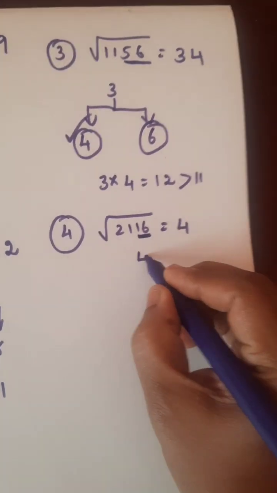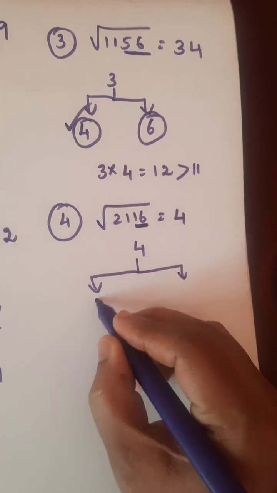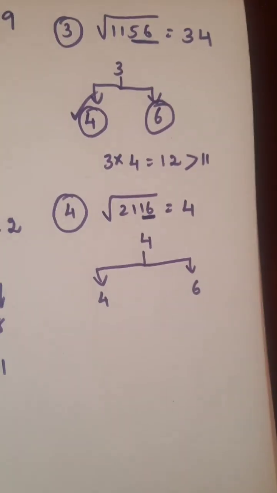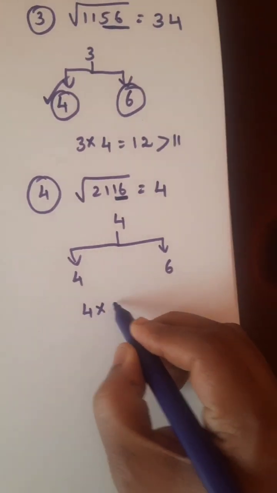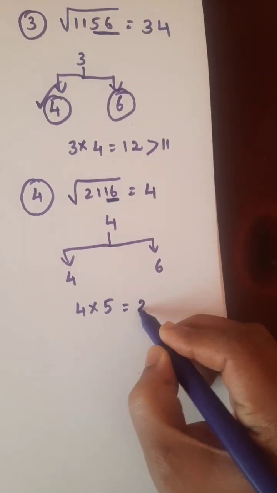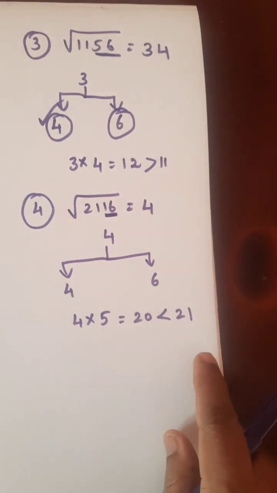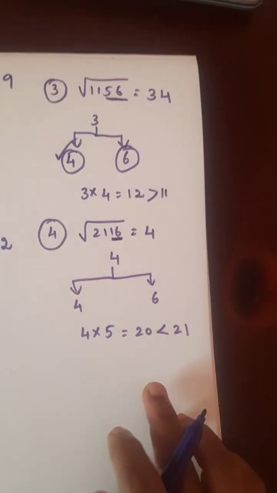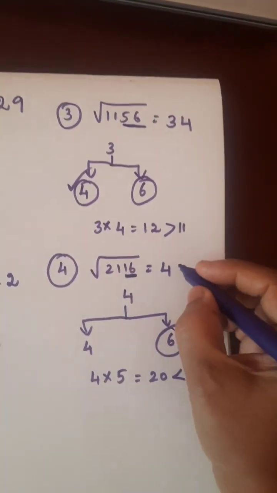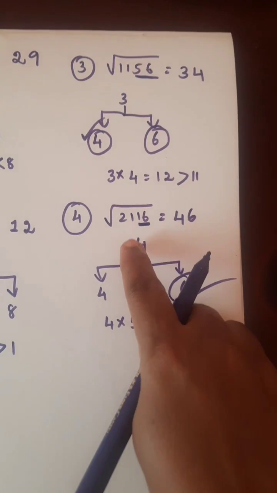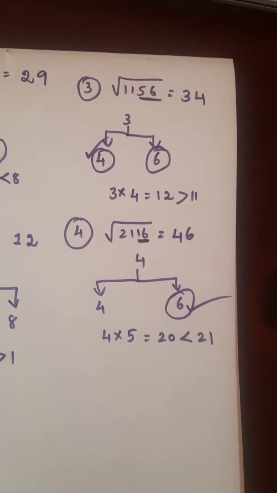Now 4 is fixed and the last digit is 6, so the possibilities are 4 and 6. Now 4 multiplied by the next number, 5, is 20. This 20 is lesser than the first two numbers, 21. That means we go for the higher number, that is 6. So root of 2116 is 46.